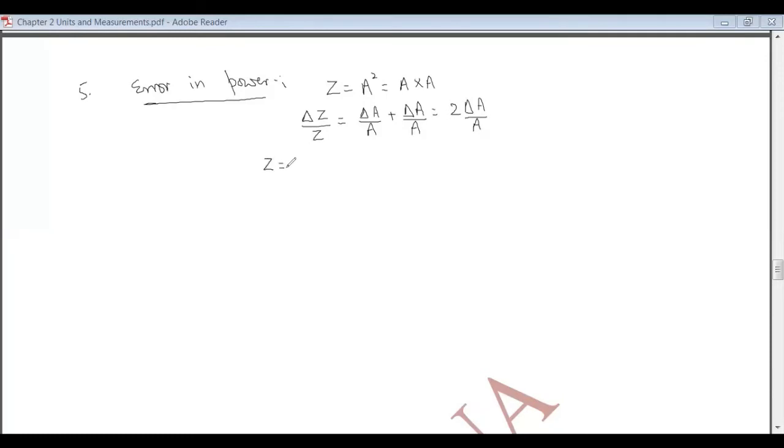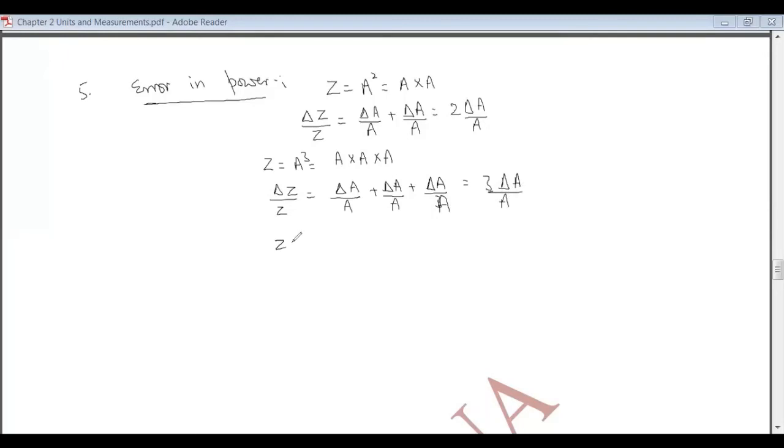Now let z is equal to a cube, which can be written as a into a into a. Now the maximum relative error in z will be equal to the sum of the relative errors in individual measurement, that is delta a upon a plus delta a upon a plus delta a upon a. That is how many times? 3 times, 3 delta a upon a.